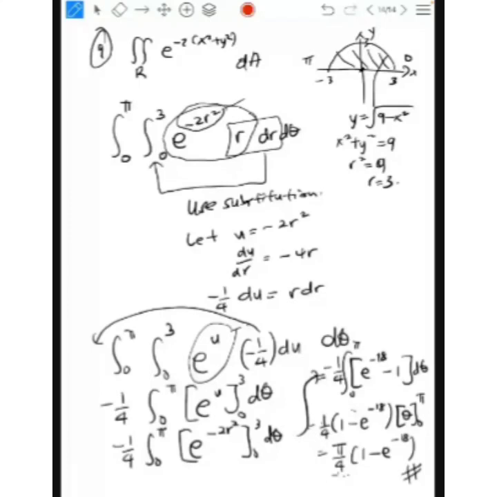Okay, let's move to question 10. Okay, where R is the second and first quadrant bounded by x equals to 0.